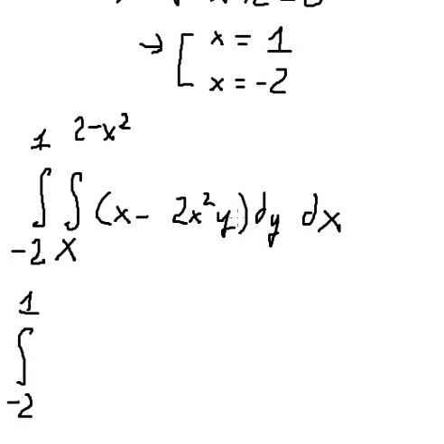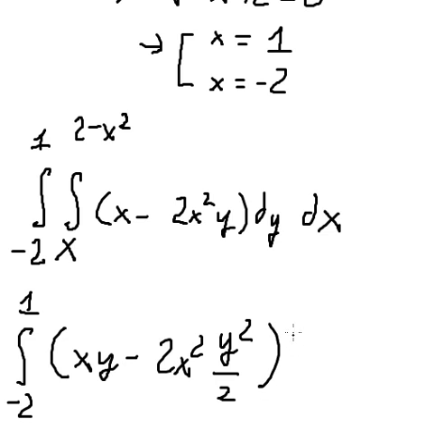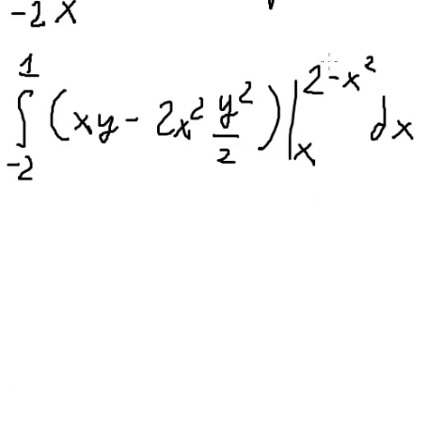The integration of dy of this one here, you get y. The integration of y, we have y squared over 2. And we put the bounds from x to 2 minus x squared, dx. Now I will put this one going here and x going here.